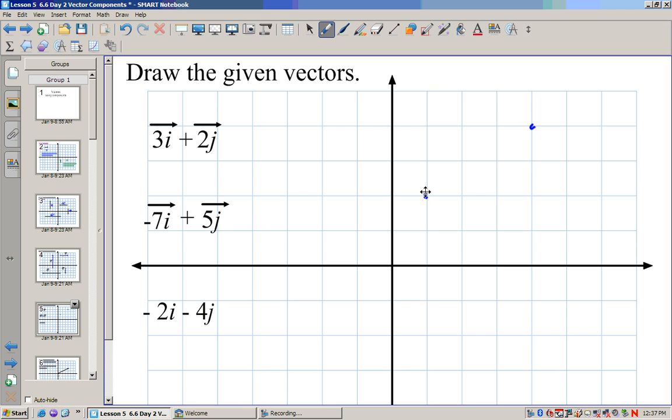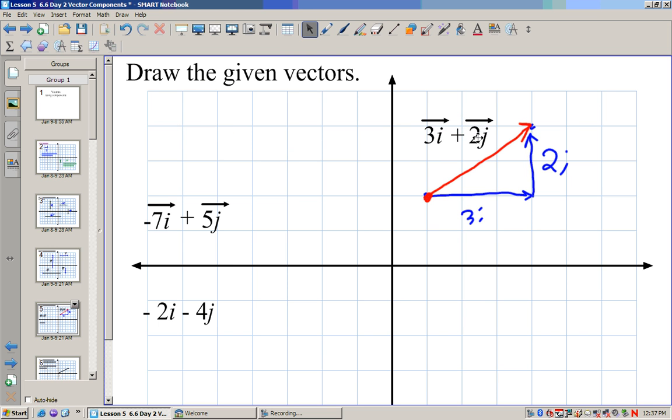So this vector, this is 3I, this is 2J, and remember when we add vectors we go from the beginning of the first one to the end of the second one. Now, this is a little confusing for people, but this red part is the only thing that is 3I plus 2J.